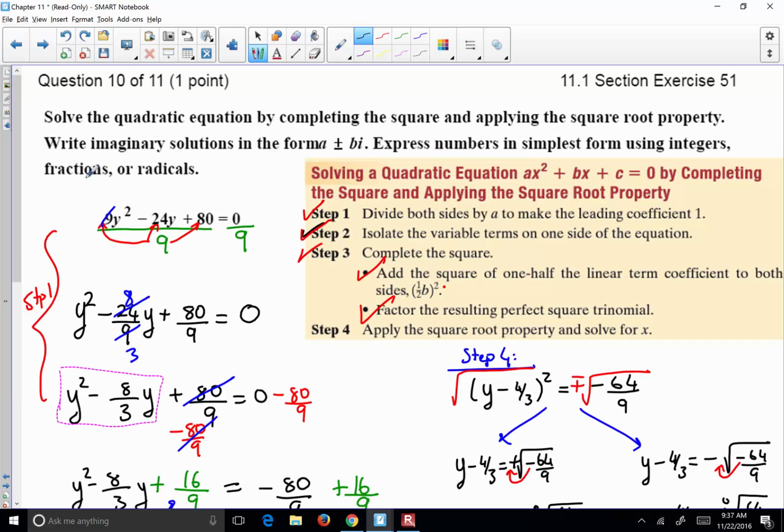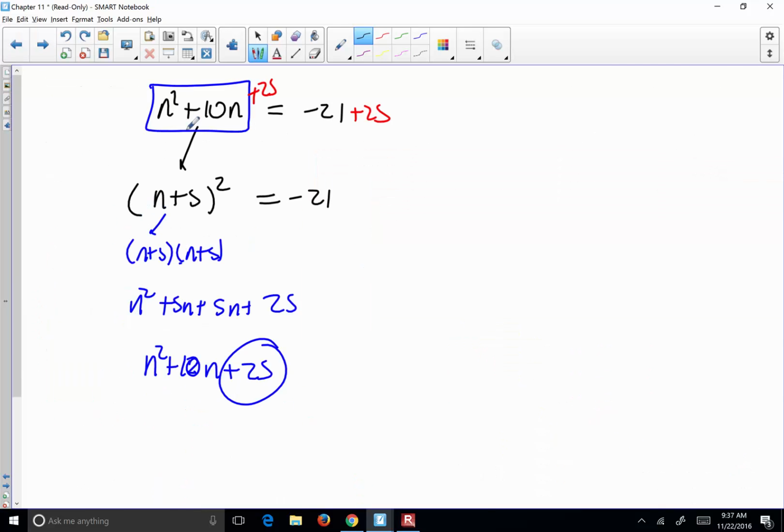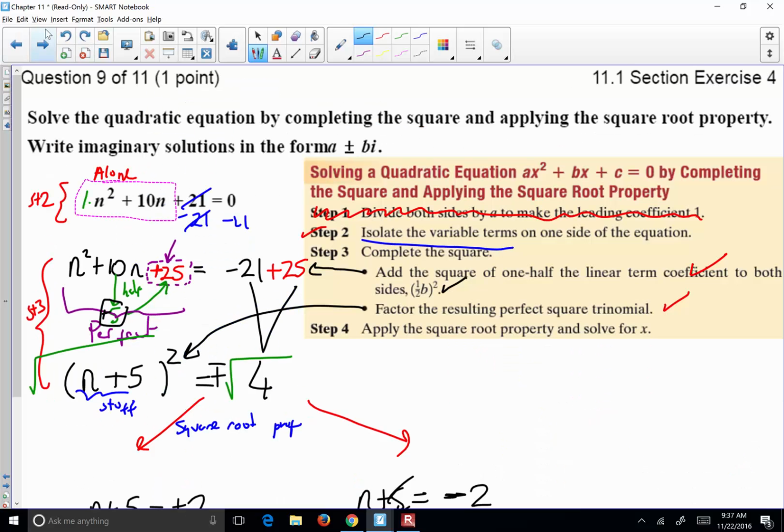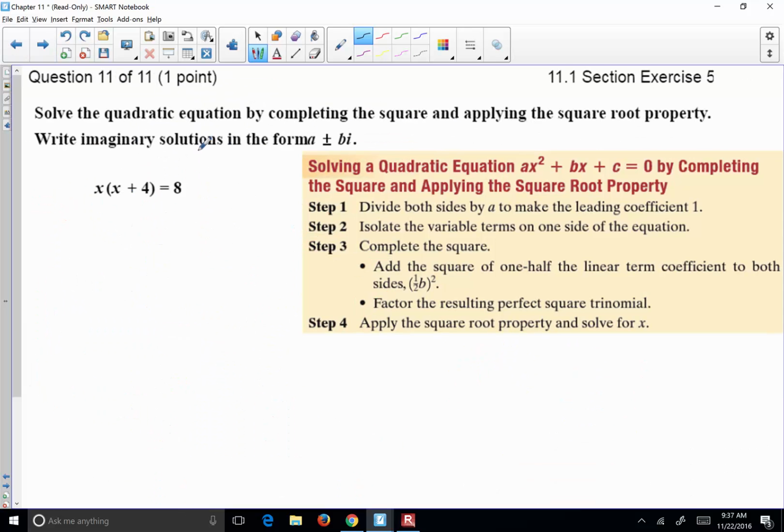It looks different from these last two questions, because this is factored form. We need to first distribute this out. Okay, that's one thing. It makes this. What else is weird?